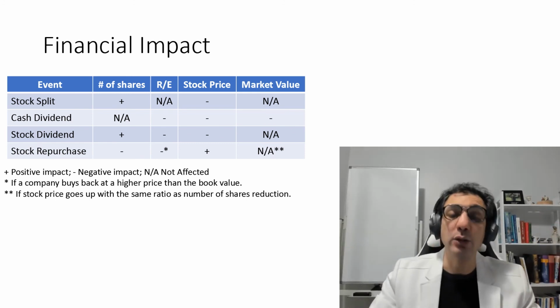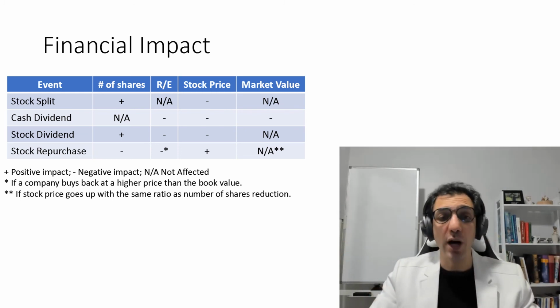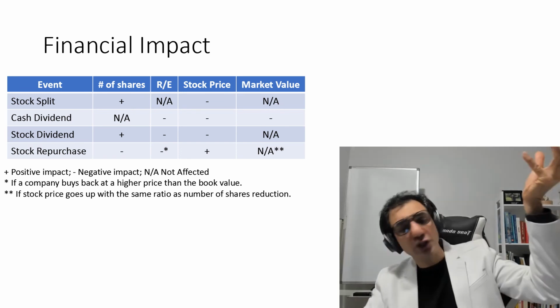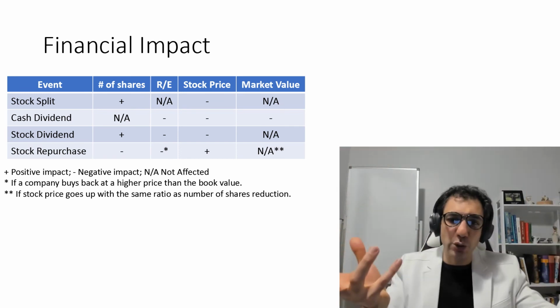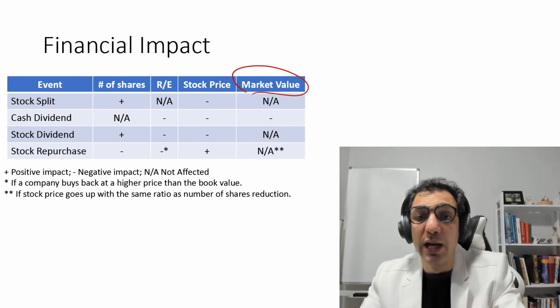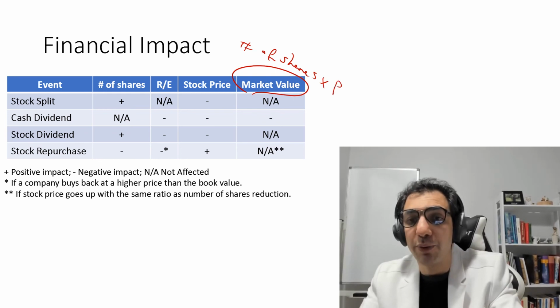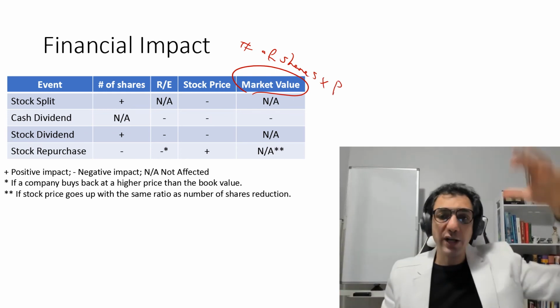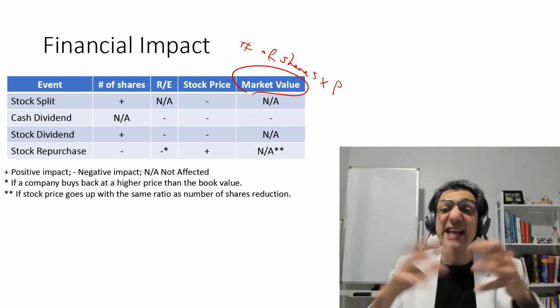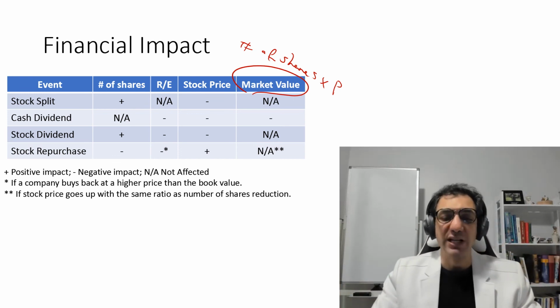You should expect a lower stock price. However, the total market value should be the same. Why? Because at the same time, the number of shares is going up and the stock price is going down. And remember, the market value is based on the number of shares times the stock price. So if one is going up, the other is going down with the same ratio or proportion, you should expect no impact on the market value.